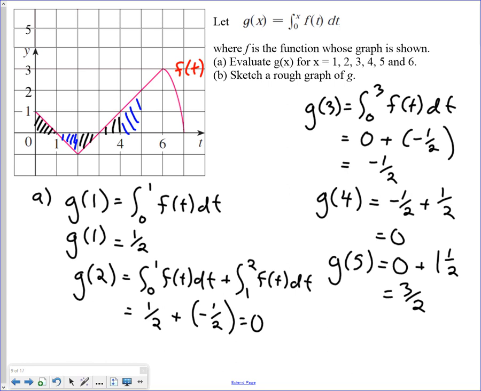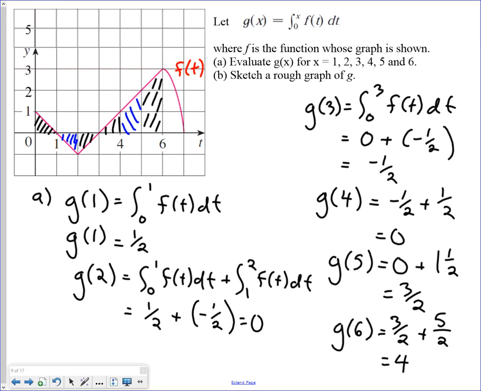That's going to be our total area. And g at 6 is, of course, going to be that 3 over 2 plus, what are we adding on here? 1, 2, plus 2.5. 2.5 is 5 over 2. So we add all this up and we get 8 over 2, which is 4.